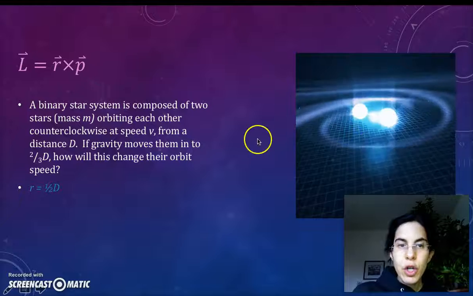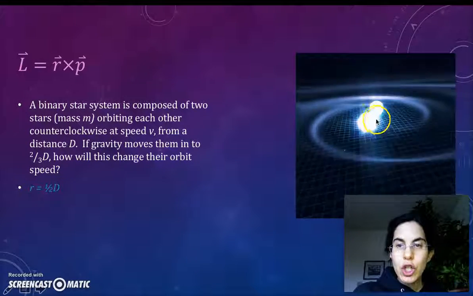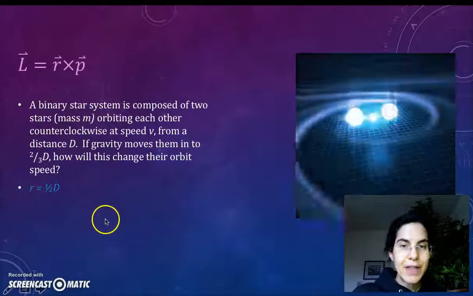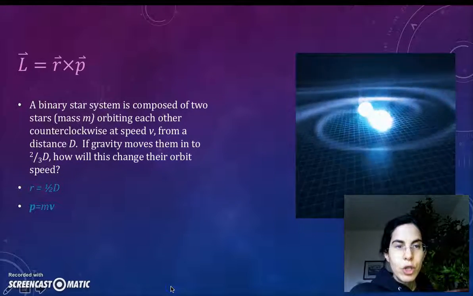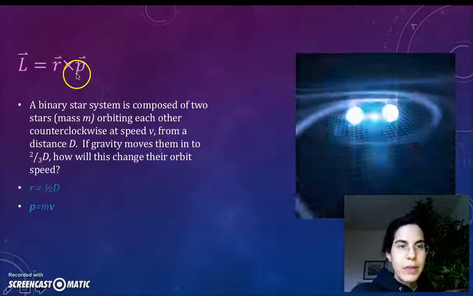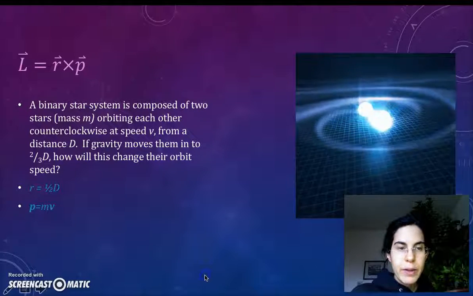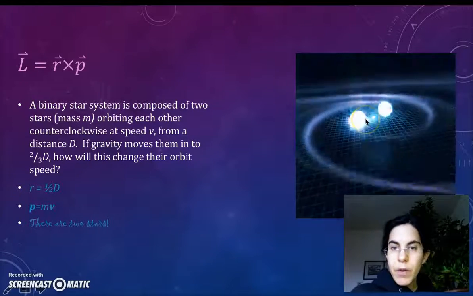We want to know how this is going to change the speed at which these stars are moving in space. Check. We're given the distance between them. The distance to the axis of rotation, that is r, the radial distance, is half that. D is the diameter of that circle, see? Also check. We need the momentum of each star. Well, we're given m and we're given v, so that's not so bad. Last check, please note that this is a system of 2 objects.